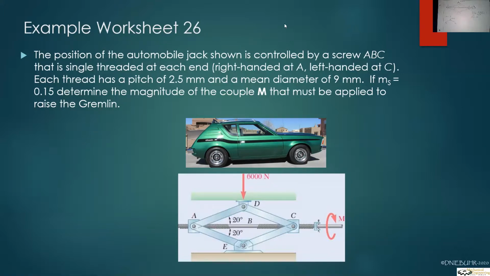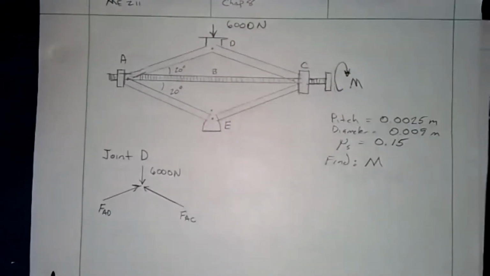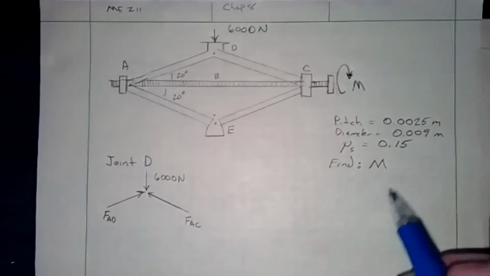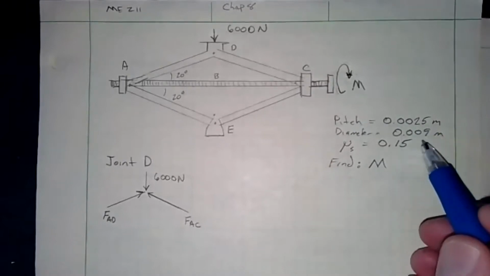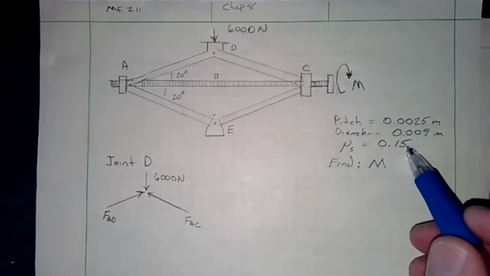All right, here's a drawing of that. We know we have a 6,000 Newton force from above. We know our pitch, and I just put it in meters. There's our pitch, our diameter, and our friction coefficient.